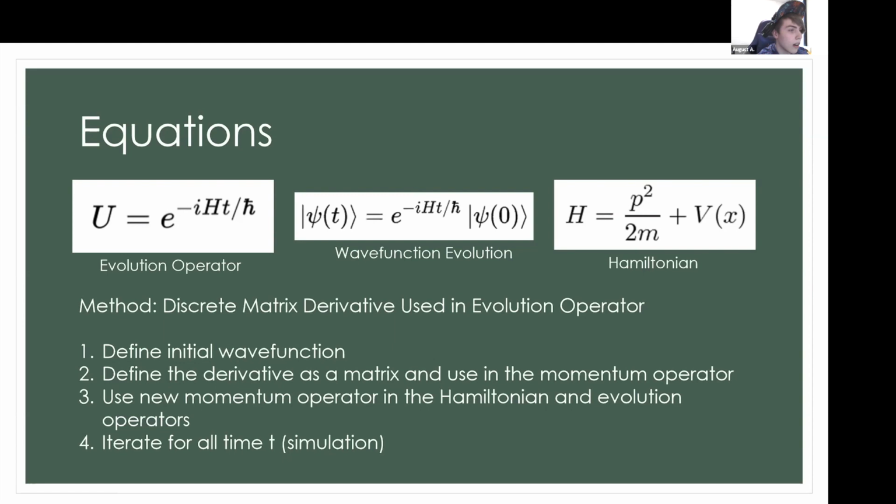Essentially, I defined an initial wave function, which is my wave packet, which is the potential map in 1 dimension over the z-axis, and defined the derivative as a Toeplitz matrix, and then used that in the momentum operator to change the Hamiltonian and evolution operators such that I can evolve them with respect to time, and then iterate for all the times that I want t.